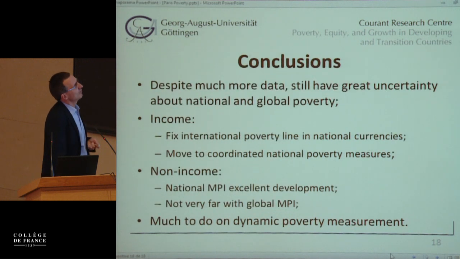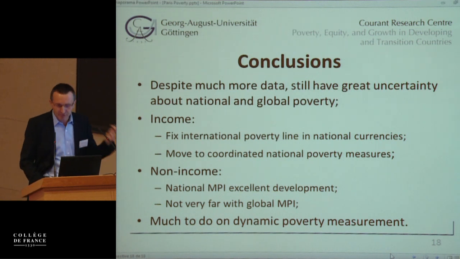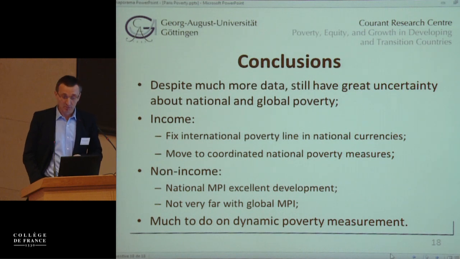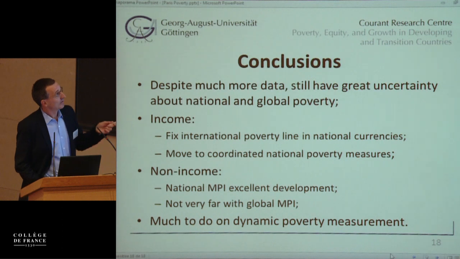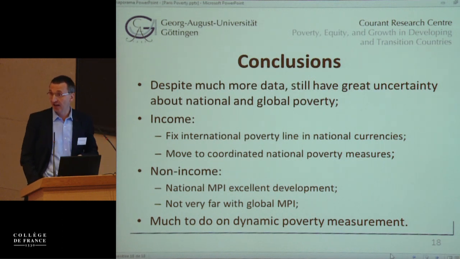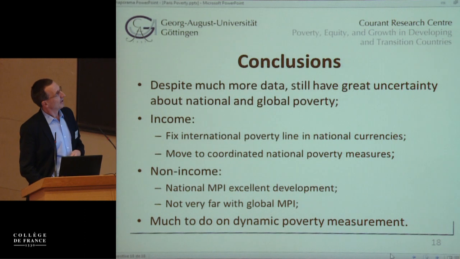So let me conclude. Despite much more data and hundreds of years of discussion, we still have great uncertainty about national and global poverty. On the income one, my proposal would be to fix the international poverty line in national currencies now. Forget about the new PPPs, because I think this is going to cause all sorts of havoc.